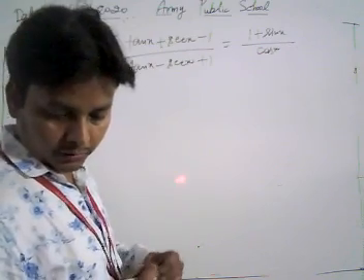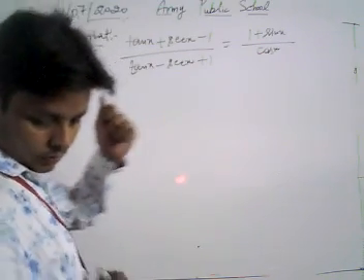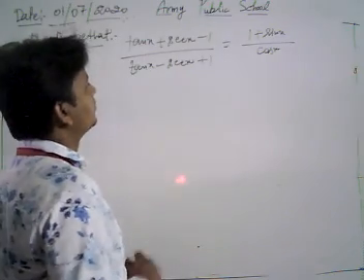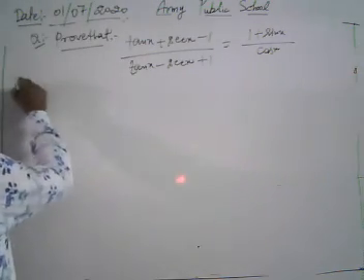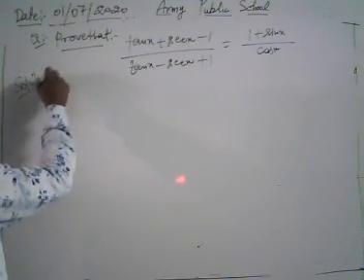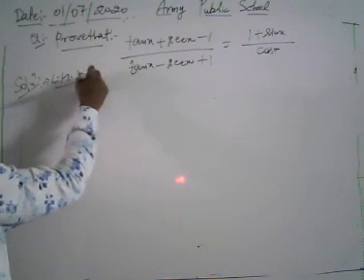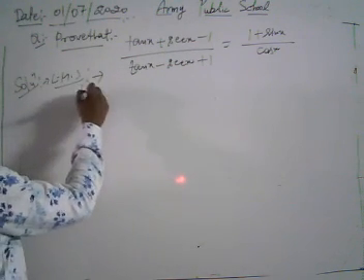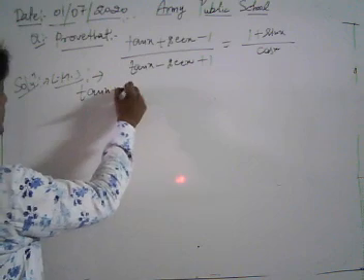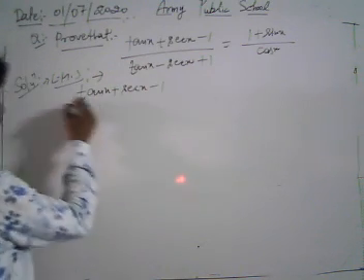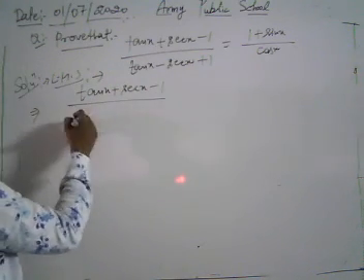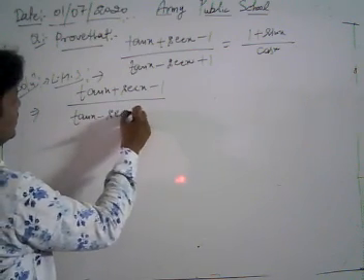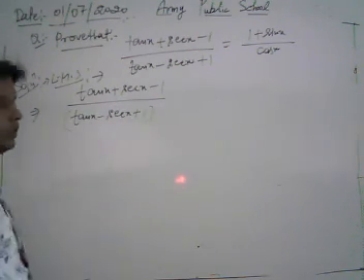This is your question. Now solve it. We take the left hand side, that is LHS, which is equal to (tan x + sec x − 1) upon (tan x − sec x + 1).